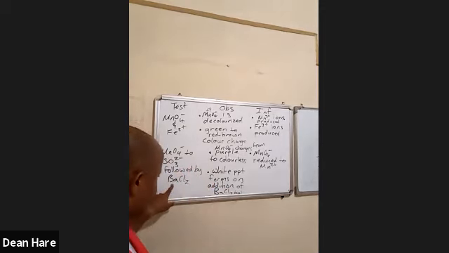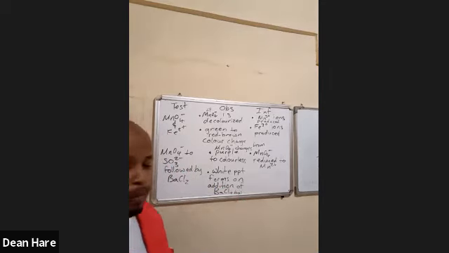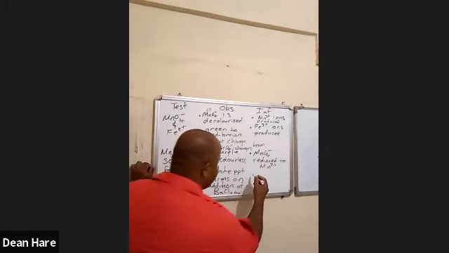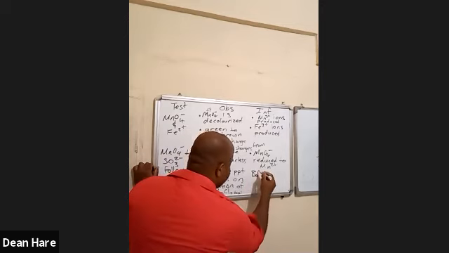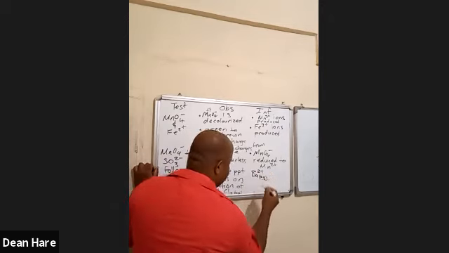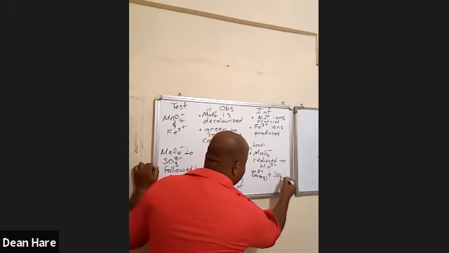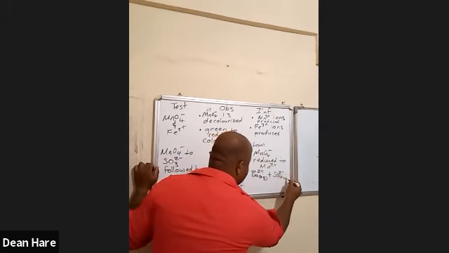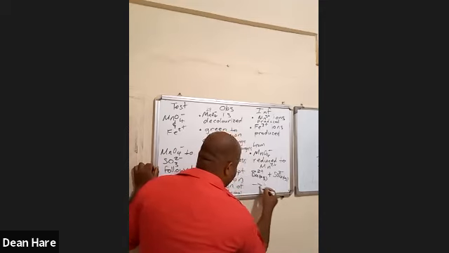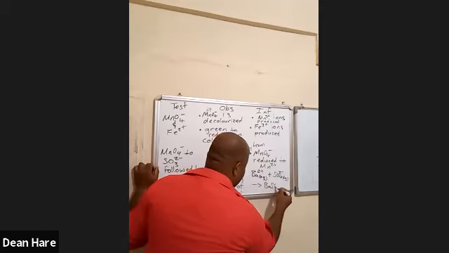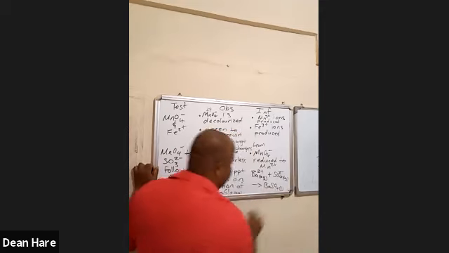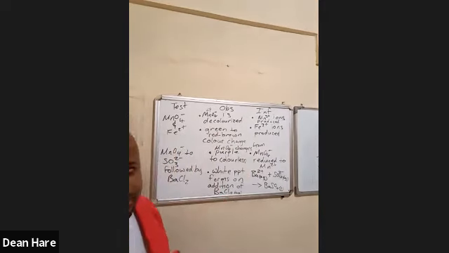And so the barium ions will combine with the sulfate ions to form barium sulfate, which is an insoluble salt.